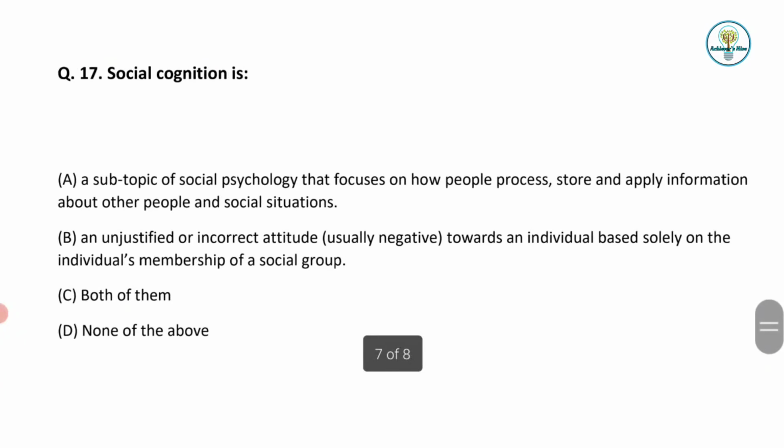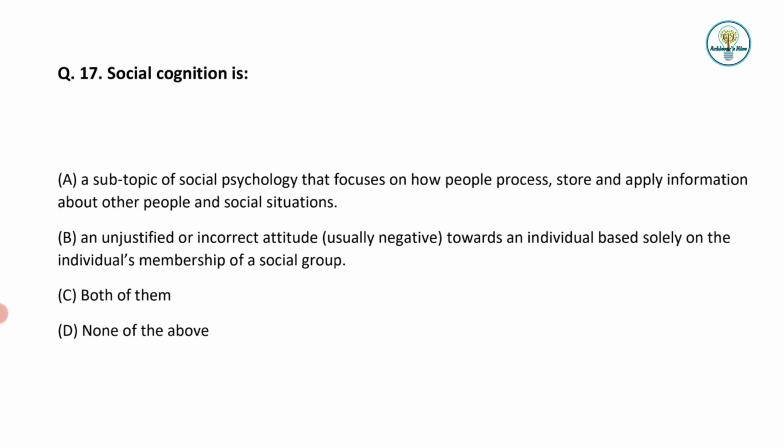What is social cognition among all of these? Please read carefully. A subtopic of social psychology that focuses on how people process, store, and apply information about other people and social situations. An unjustified or incorrect attitude towards an individual based solely on the individual's membership of a societal group. Both of them or none of the above.